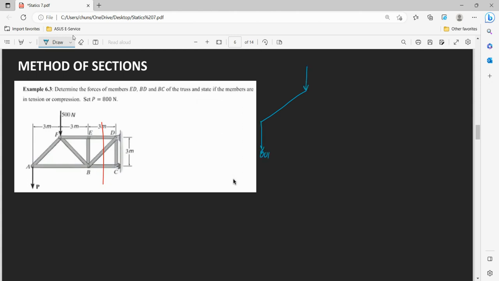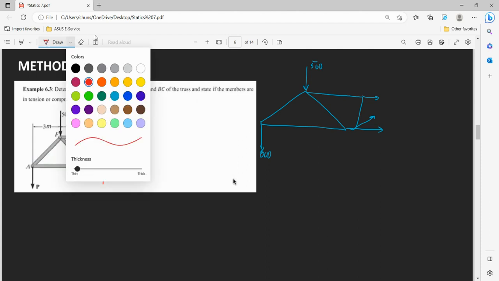It's 800 newtons. It's 500 newtons. Okay, and then this is where we're going to have our cut. So that looks like that. So these are our forces.